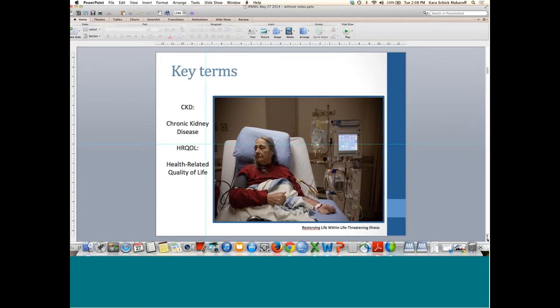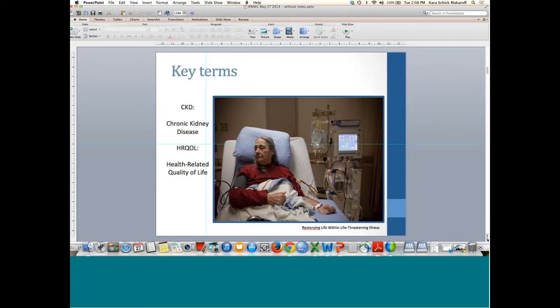So just a few key terms as way of background to the population that I am working with and that I'll be talking about, and just a few clarifications about conceptual terms as well. I would say, like in a really broad sense, my overall program of research focuses on life-limiting illness and health-related quality of life. And I have a particular focus in chronic kidney disease, which is on the slide here as CKD.